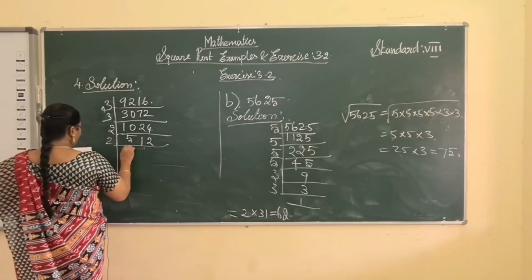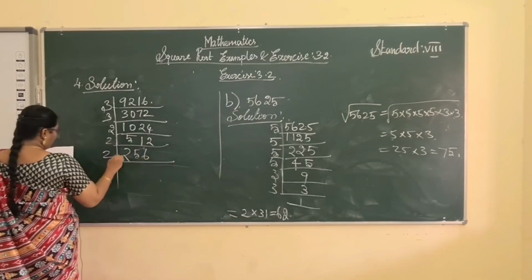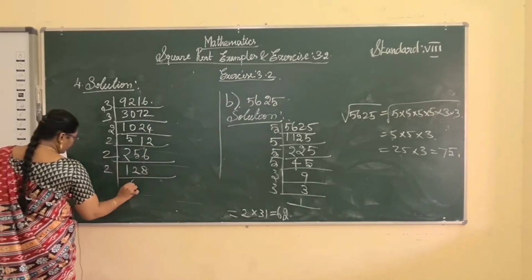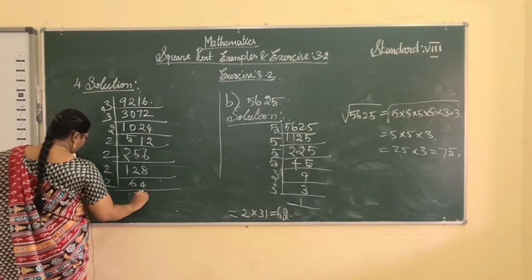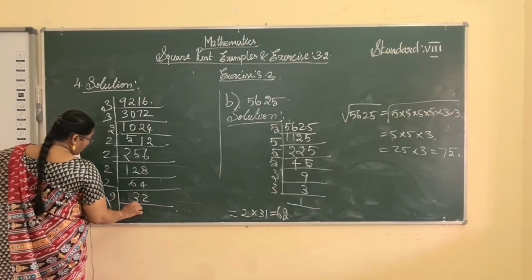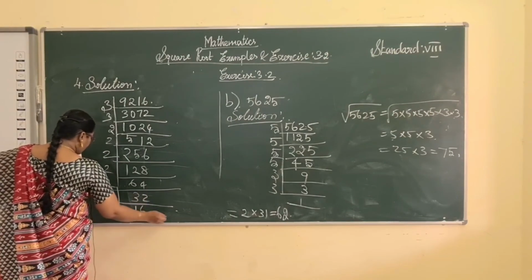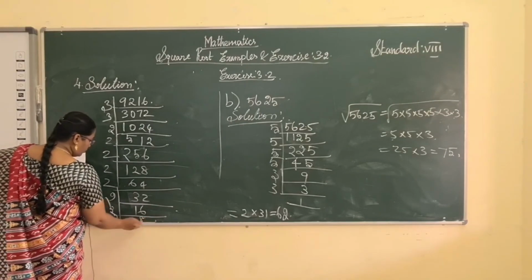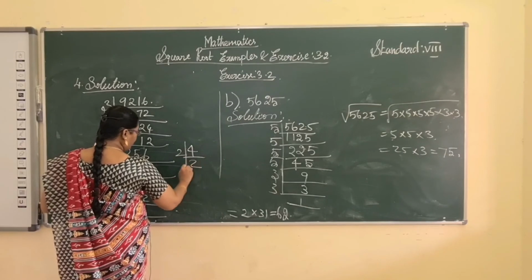Again 2 table, 2 2s are 4, 2 8s are 16, 2 4s are 8, again 2 table.